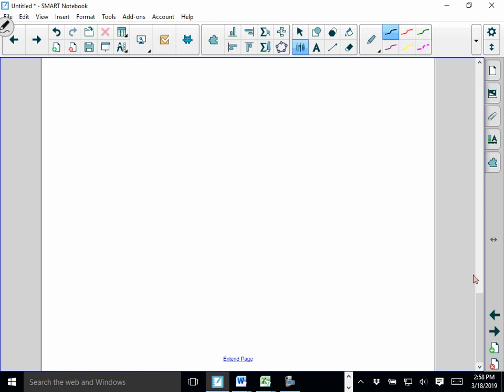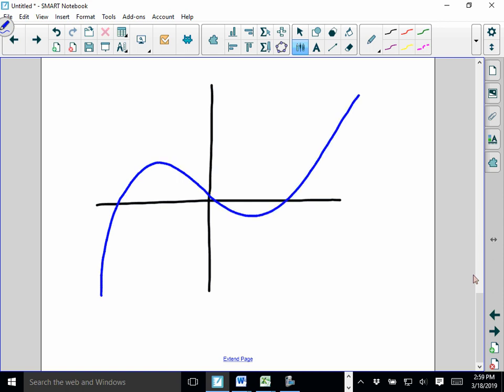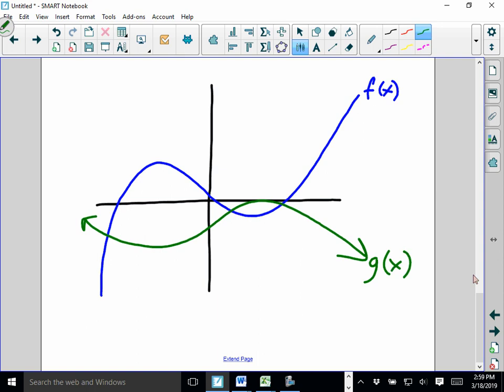It doesn't involve symmetry, but it does involve absolute values. So here are my two functions. This is f. This is g. Now when I look at it, these two areas are clearly not the same.